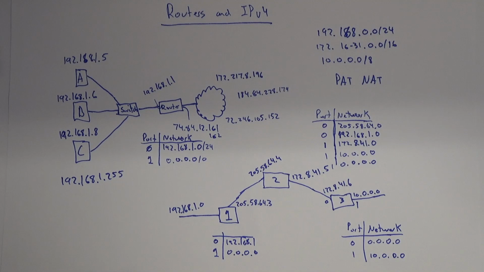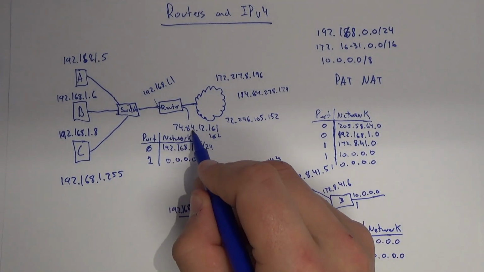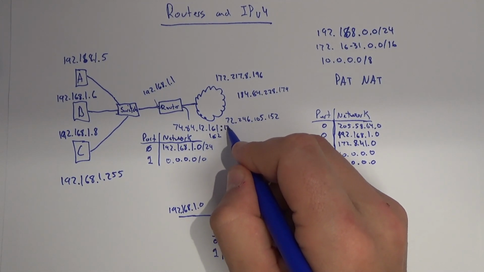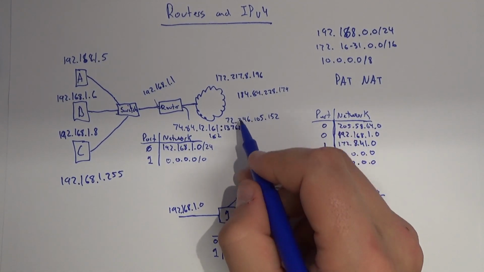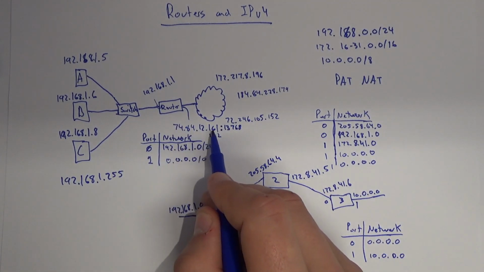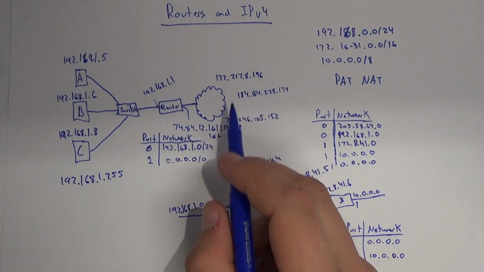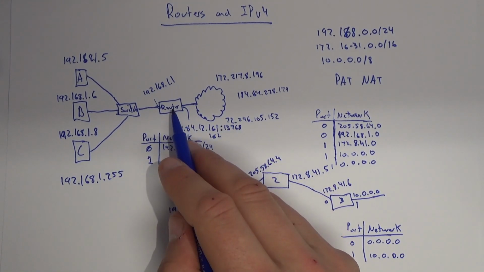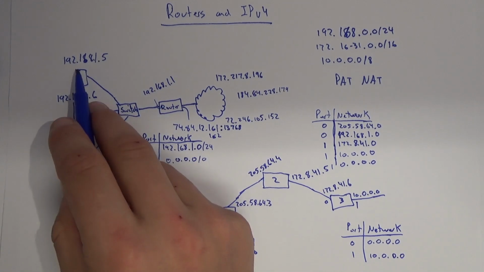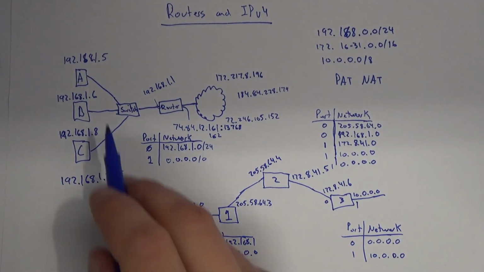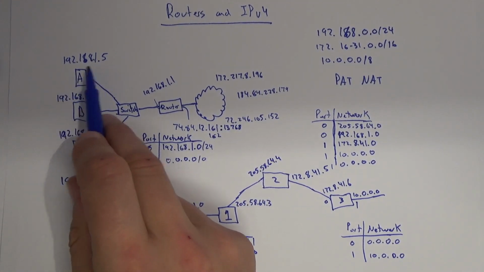It's usually going to be one of the higher range ports. So it might be like 74.84.12.161, and then we indicate a colon for a port, 13,768 or something like that. So it'll go ahead and put that as the source IP address and port so that Google can respond to the router at that specific port number, and the router can then translate that back into an IP address inside the network.